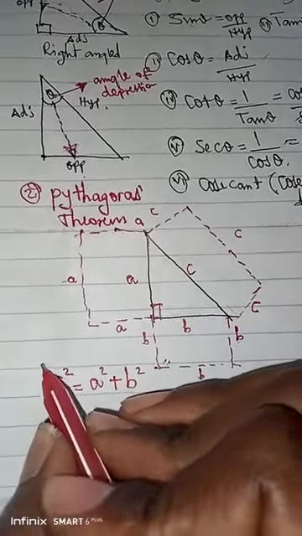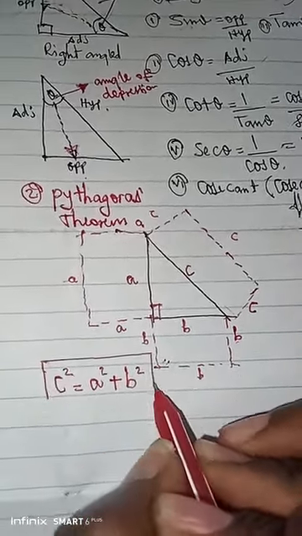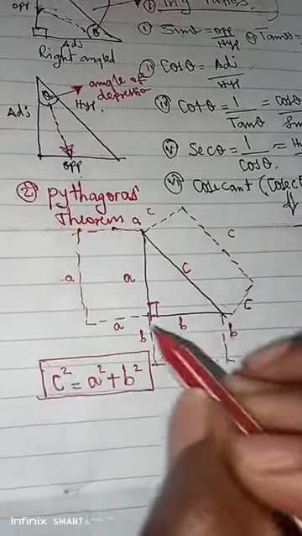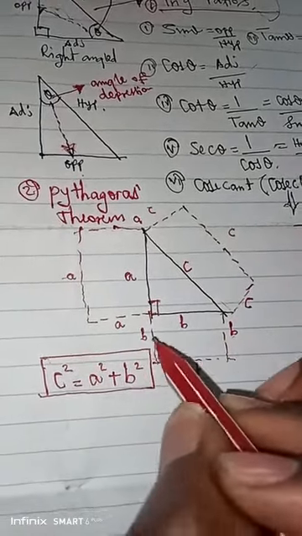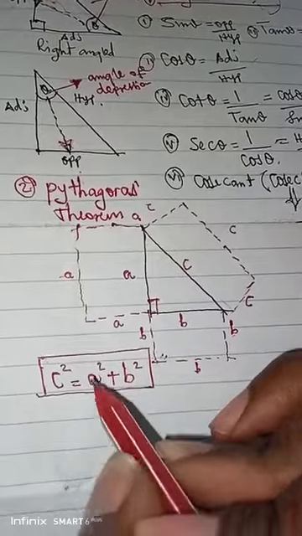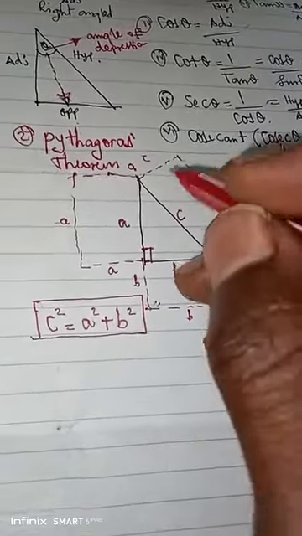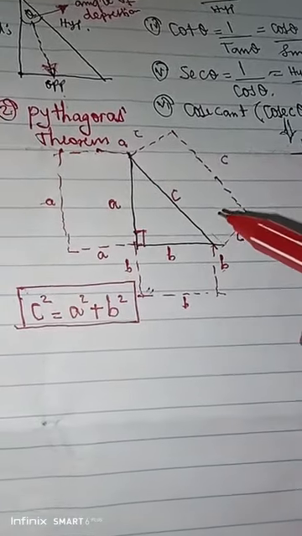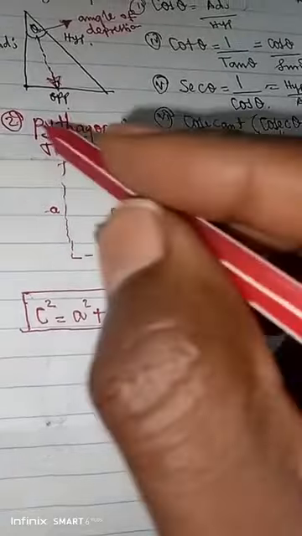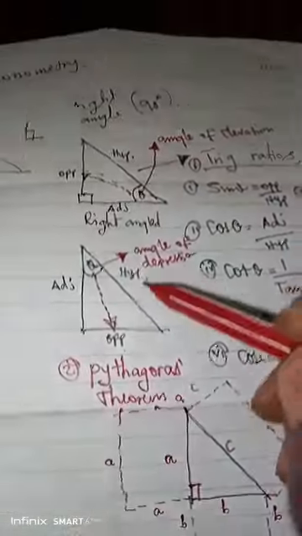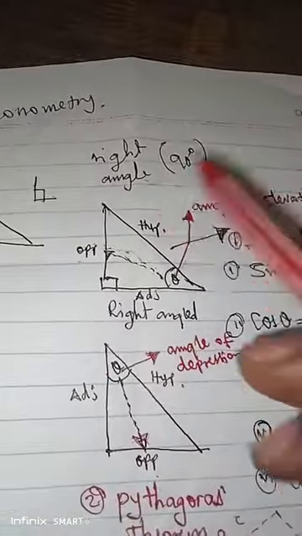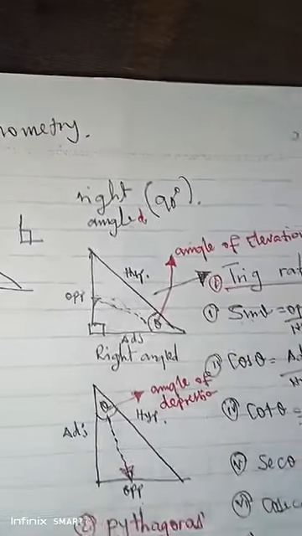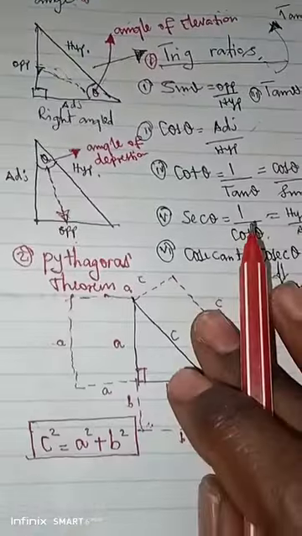So this is where this formula comes from. He summarized this statement into this formula. So this is Pythagoras' theorem, and it is associated with only right angled triangles.